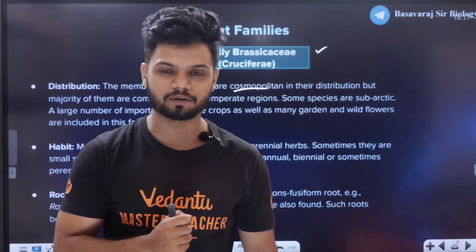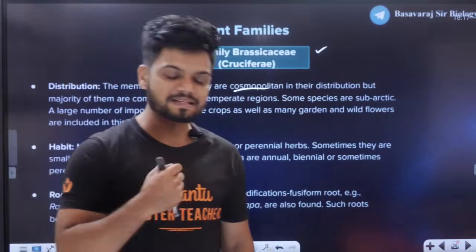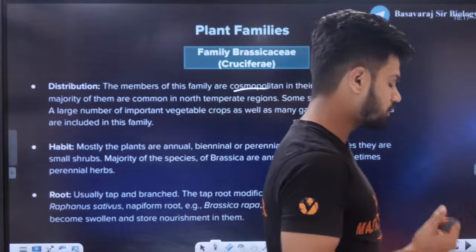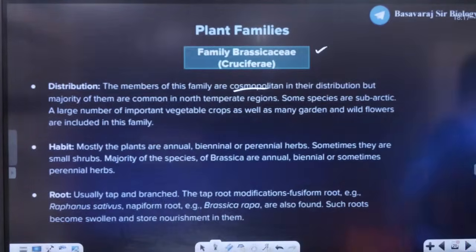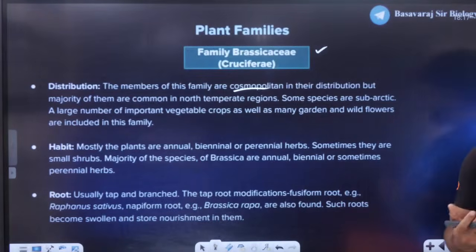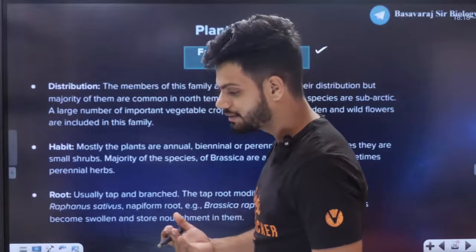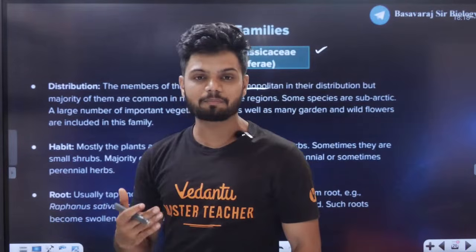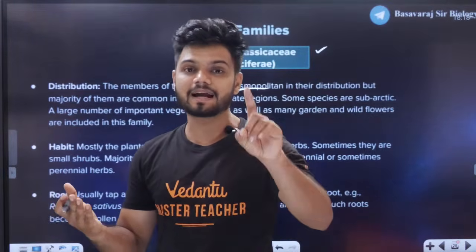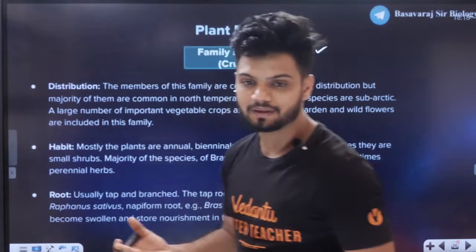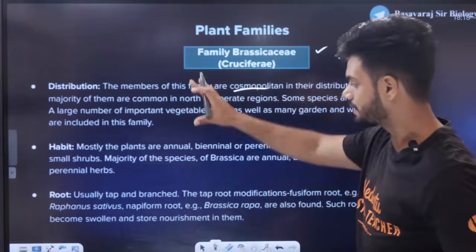How many of you remember the examples of taproot modification? Raise your hands and tell me the answer also. We learned about turnip, carrot and radish. The radish you learned is right here.